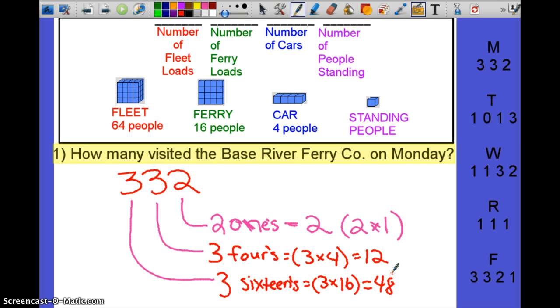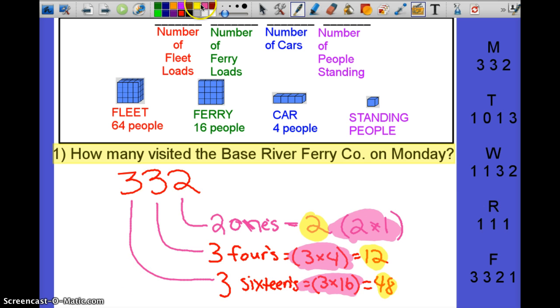Then students would apply their knowledge of expanded form. This would be the partial sum type of form in yellow, and this would be the standard form, or the expanded form that uses the digit and the place value, in pink.